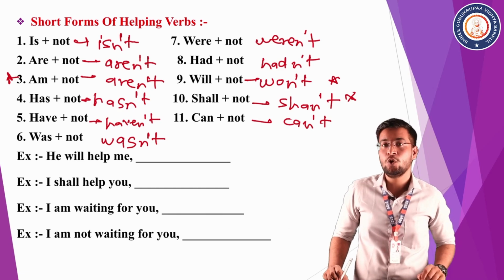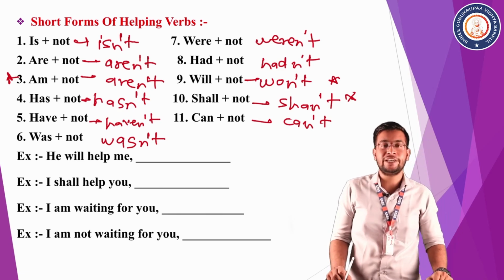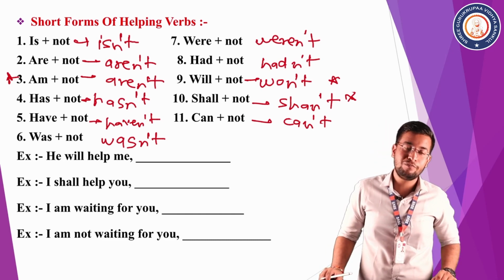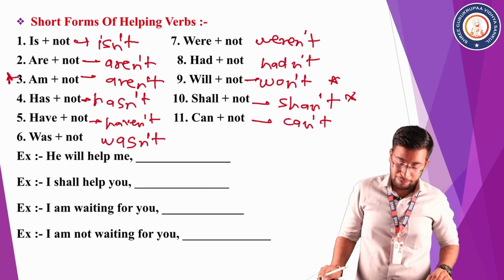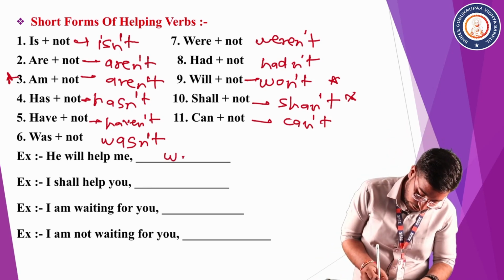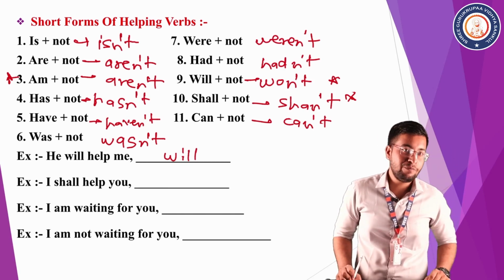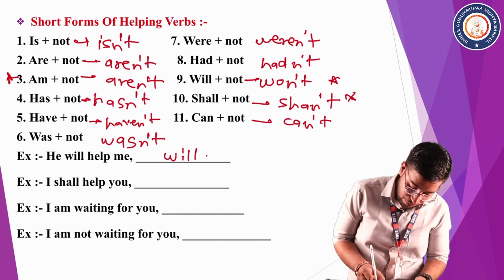If it is clear to you, let's solve the examples. The first question is, he will help me. Now I think it is very easy for you to identify the helping verb in this example. So we can see our helping verb is will. And according to our rule, if our statement is affirmative, then our tag will be negative. So we will use will plus not.